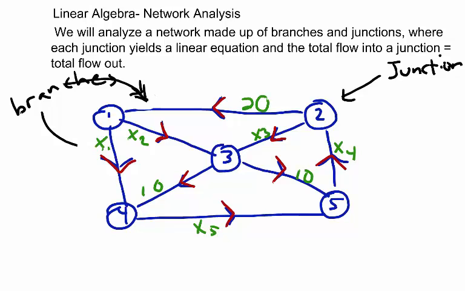We also want to recall that the total flow into a junction is equal to the total flow out. So for example, here we see that 20 is flowing into junction 1, so we know that between x1 and x2, the outflow, together the sum of x1 and x2 must also equal 20.